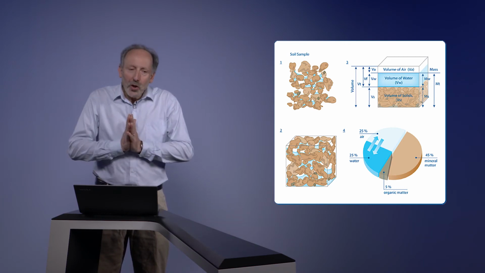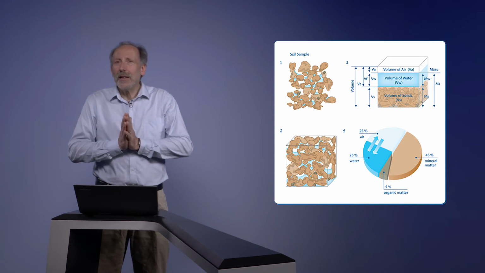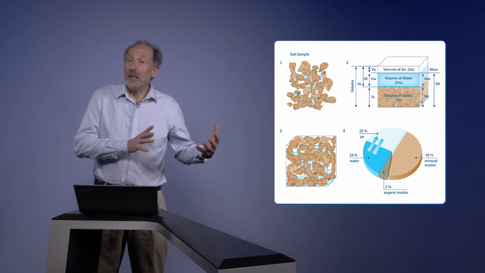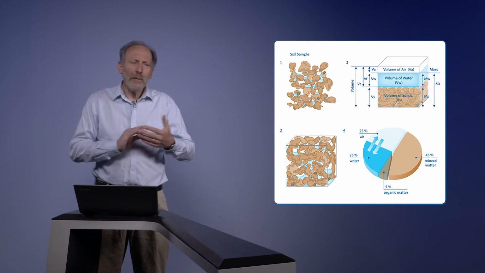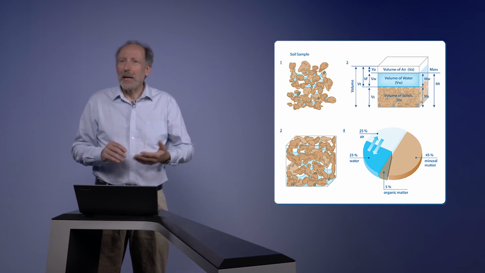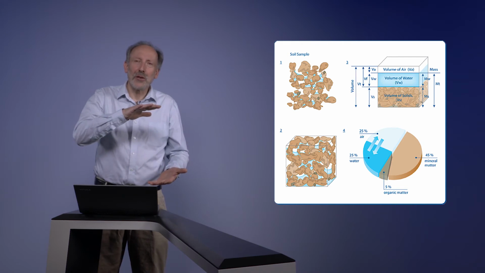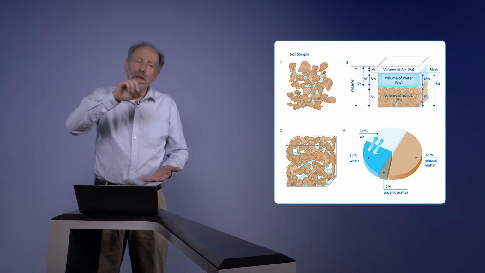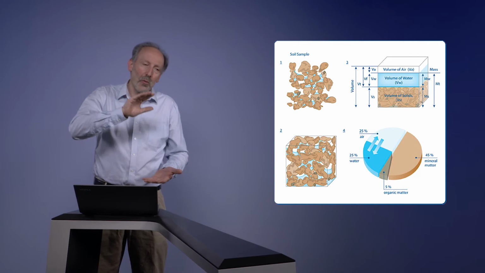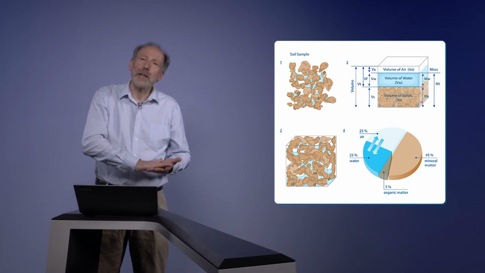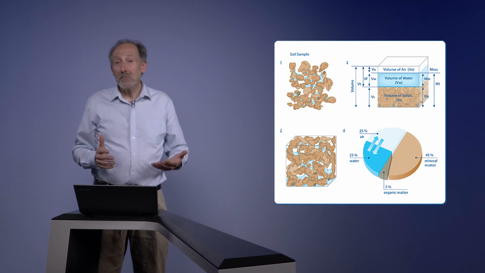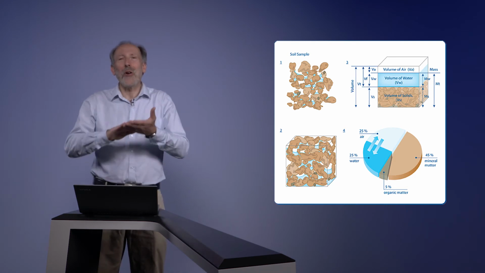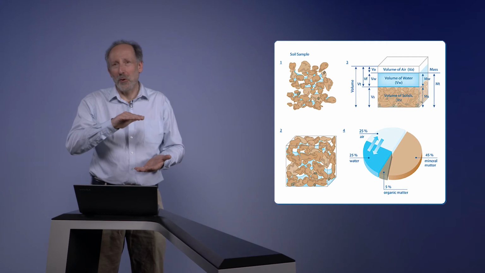We could also then try to identify the volumes of these different components. Why might we want volumes? Well, for example, if I'm a farmer and I know my roots are only 30 centimeters deep, I want to put on the volume or depth of water which will fill that pore space but not exceed it. Do I care what that soil weighs? Not really. I really want to know what volume of water it'll hold.